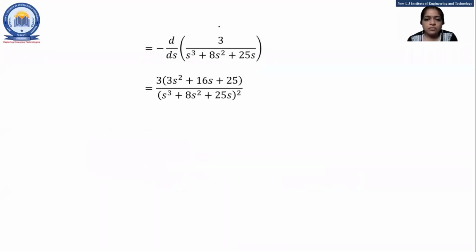The derivative of this term is 3 into 3s square plus 16s plus 25 upon s cube plus 8s square plus 25s whole square. If you cannot find the direct derivative of this term, you can also apply the u by v formula, right? You will get the same answer.